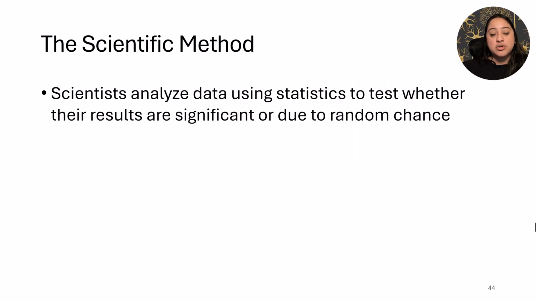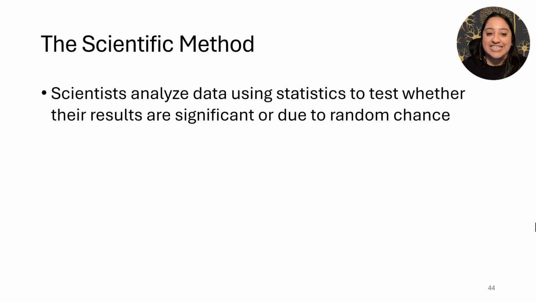When you collect all this data, scientists can analyze data using statistics, and this helps test whether these results are statistically significant, or if they're due to random chance. In science, the term significant means something different, not just big or interesting or important.